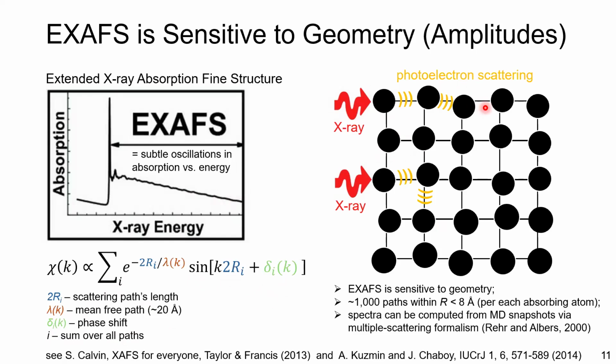So at every temperature, you will have a different EXAFS spectra because amplitudes are temperature sensitive. So the good idea is that we can do MD calculation at a particular temperature that is consistent with experimental measurement, and we can see and compare how good it compares. So all we need is a molecular dynamics simulation, and then we use multiple scattering theory to compute the spectra.